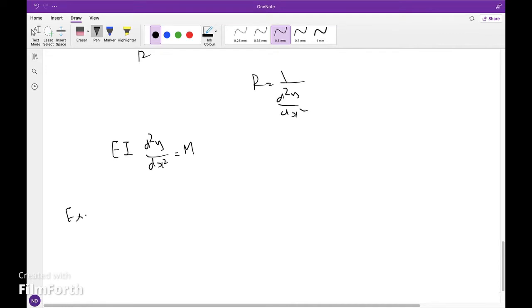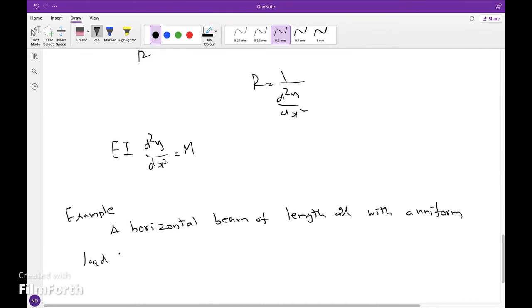Example: a horizontal beam of length 2L with a uniform load omega per unit length is freely supported at both ends.